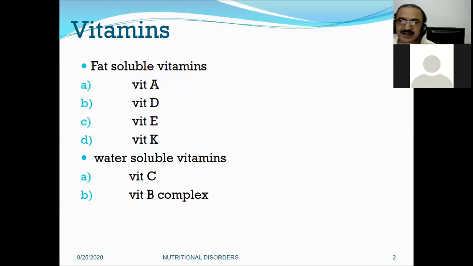Two types of vitamins: fat soluble vitamins and water soluble vitamins. Fat soluble vitamins are vitamin A, vitamin D, E, and K, while water soluble vitamins are vitamin C and vitamin B complex vitamins.